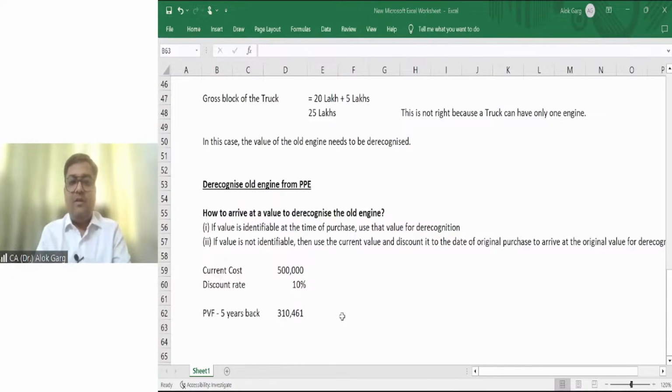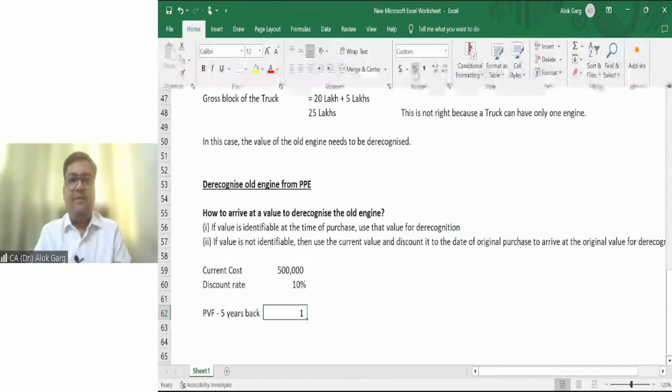Let me compute only the present value factor. My present value factor is 0.621. The 5-year present value factor is 0.621.